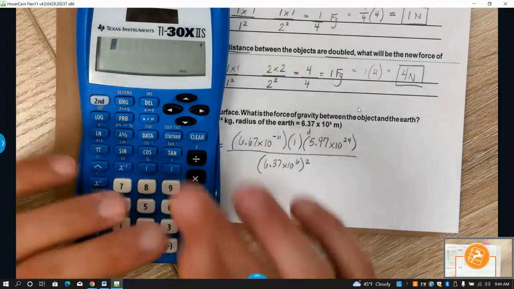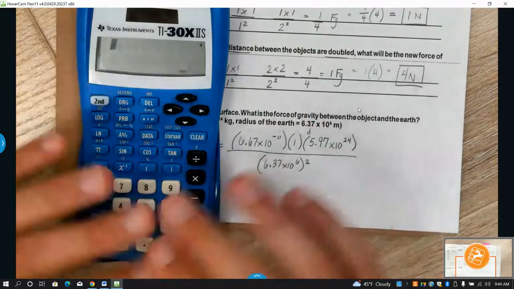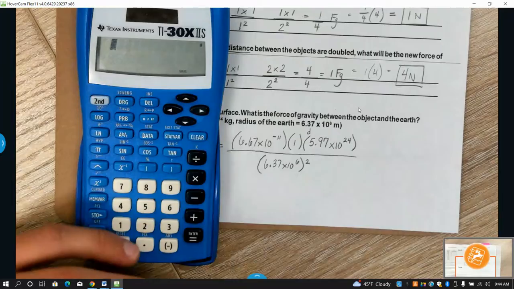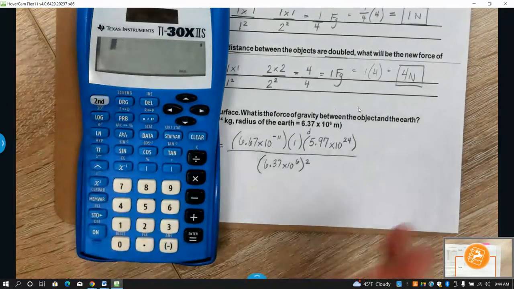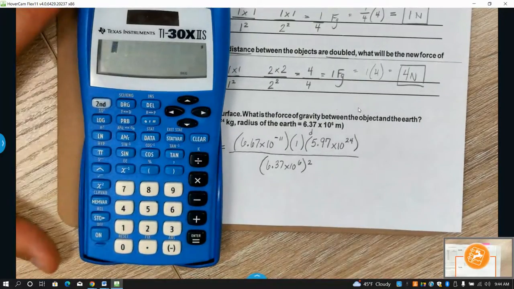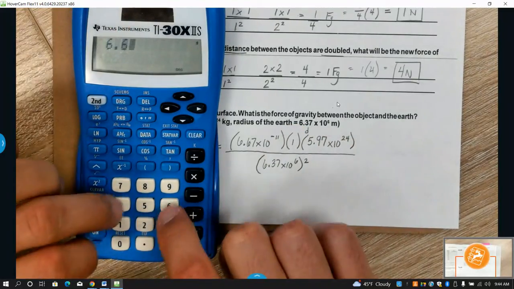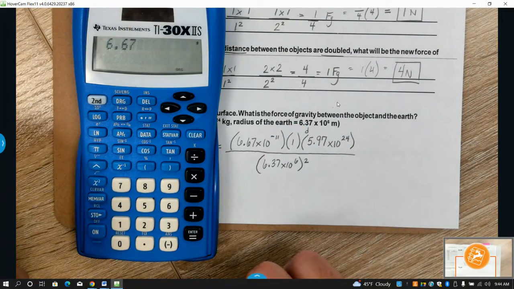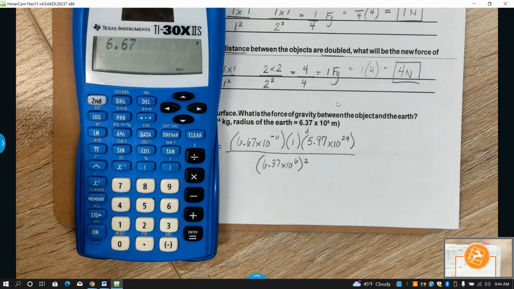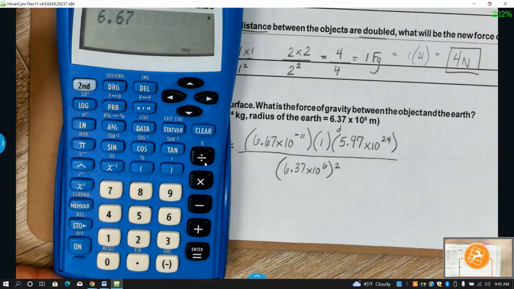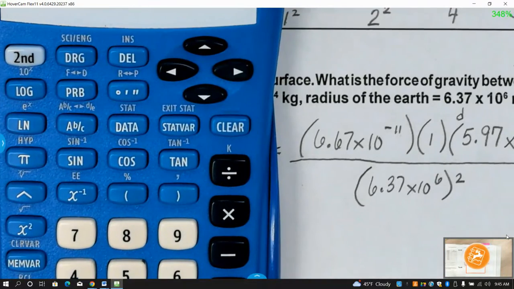Also, if you're doing it like that, parentheses have to be in the right place. So what you're going to do is 6.67. Type that in. Now, above the 7 button, you guys should see this right here.